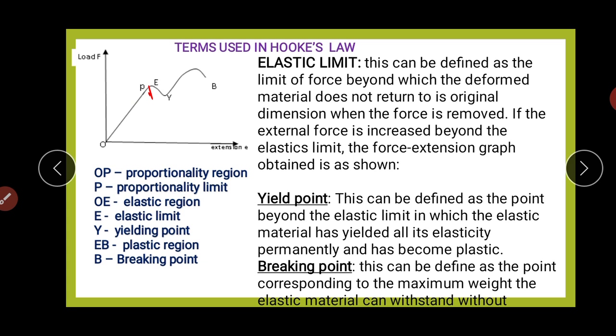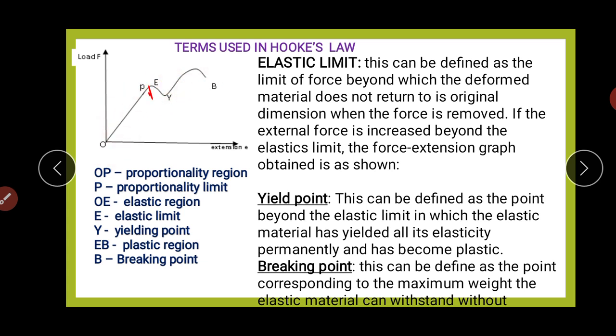But from P above, the force is no longer directly proportional. Don't forget, in the elastic region, the more the force, the more the extension, from O to P here.